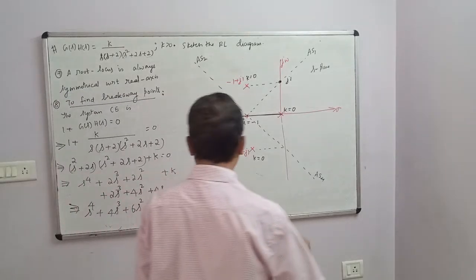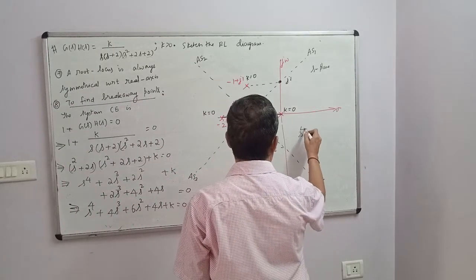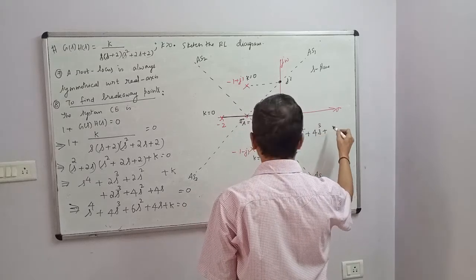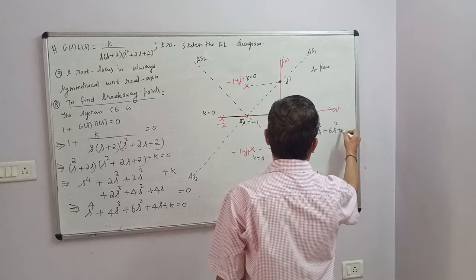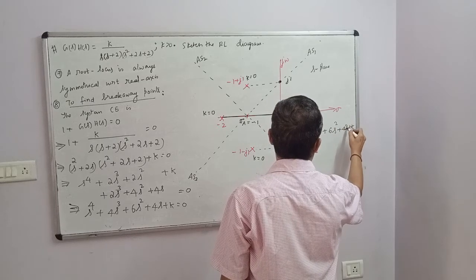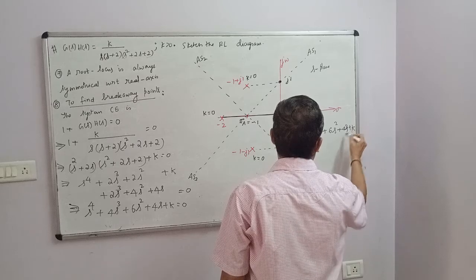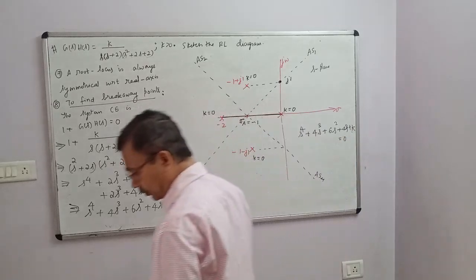Let me write it down here. s to the power 4 plus 4s cube plus 6s square plus 4s plus K equal to 0.